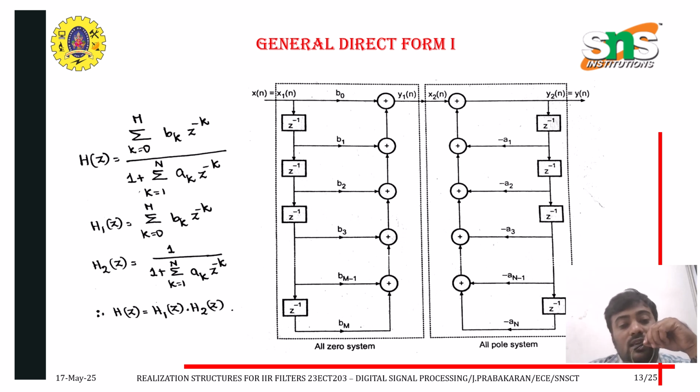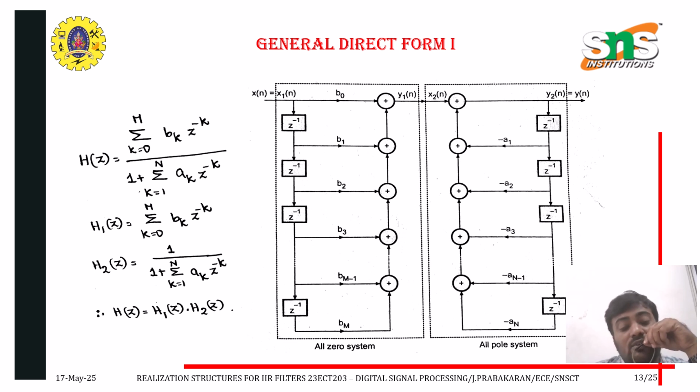And here we will consider H of z equal to H1 of z and H2 of z. H1 of z is nothing but the numerator term, and H2 of z is nothing but the remaining term.